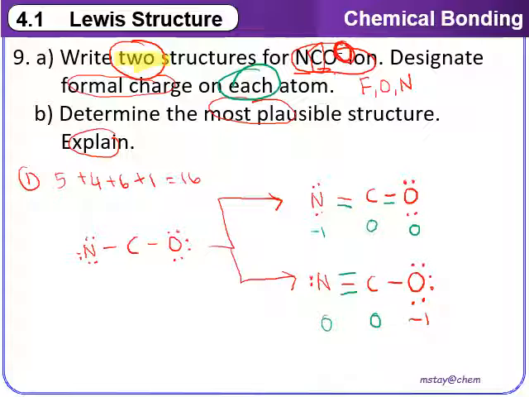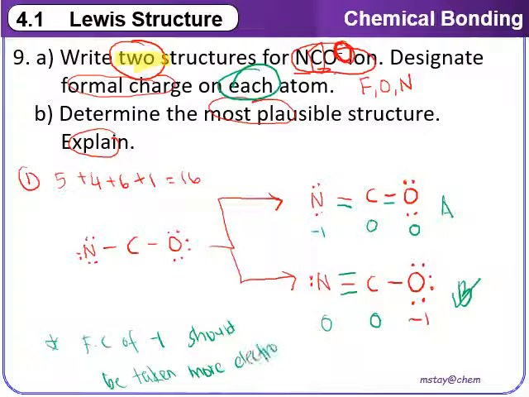So between these two, B is the most plausible because even though both of them have the lowest formal charge, 0 with -1, your explanation is that the formal charge of negative 1 should be taken by the more electronegative atom, in this case oxygen.